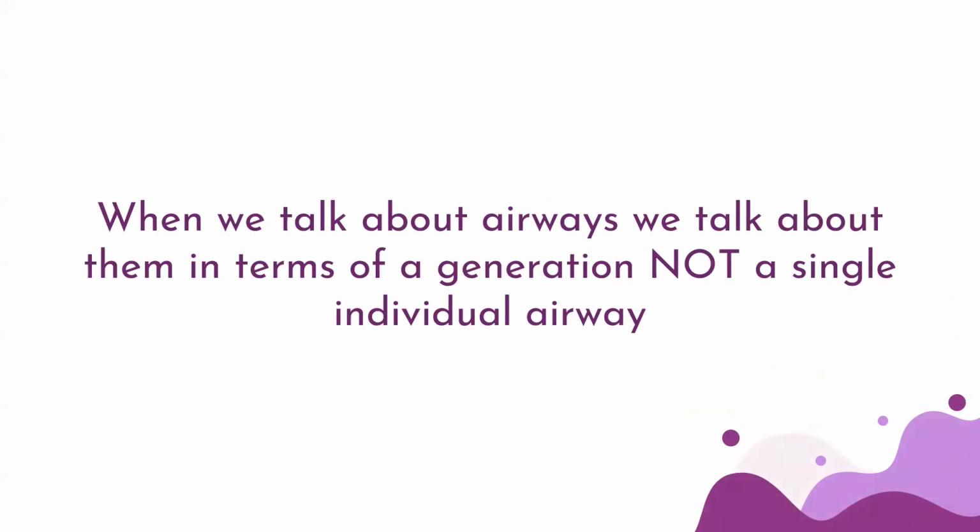You're going to look at a whole generation. If you have a terminal bronchiole, look at all 30,000 of them and compare it with another airway, not an individual airway, but its whole generation, and the number of airways in that generation. That is going to help you figure out if the resistance is going to be low or high.